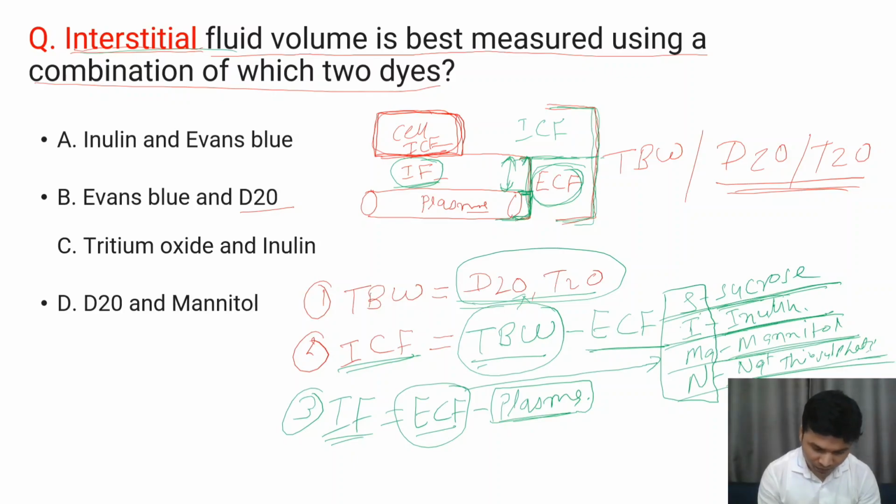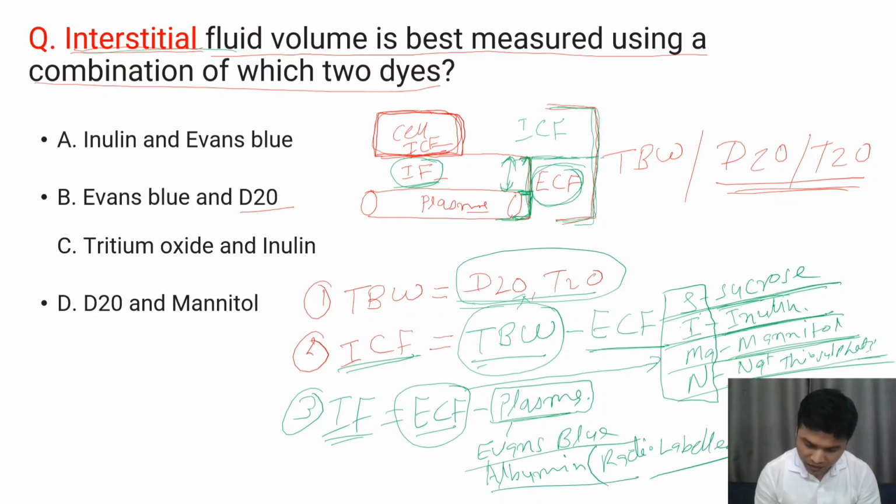For plasma volume you can use two things: one is Evans blue dye, and second is radio-labeled albumin.